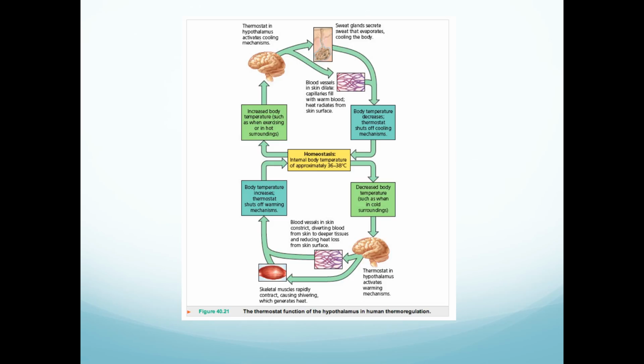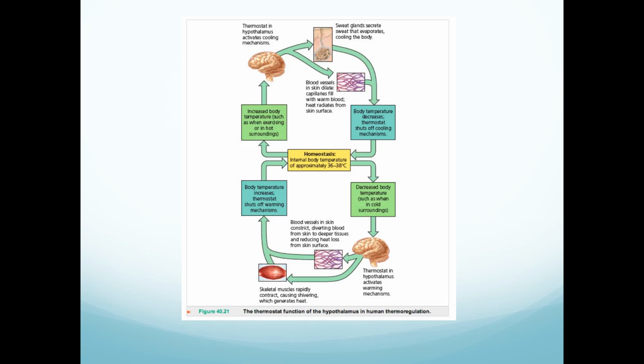On the other hand, if we look at the lower cycle, if we go to the right now, let's say you went to Snow Mountain over the weekend, you're playing in the man-made snow, and your body temperature is decreasing because you're getting cold. Then the thermostat in your hypothalamus will activate the opposite idea, where you're going to warm the skin.